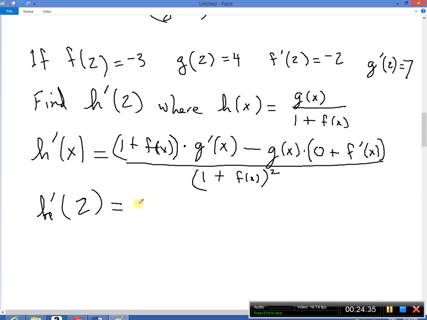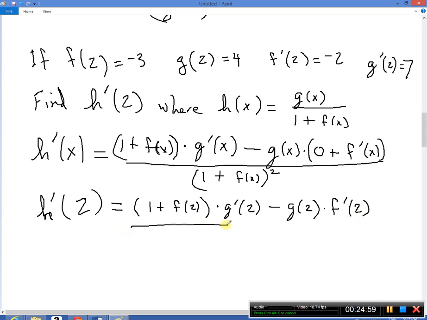So this is going to be 1 plus f of 2 times g prime of 2 minus g of 2 times, and I know 0 plus anything is 0, so I can drop the 0 and just write f prime of 2. And then that whole thing is divided by, replace x by 2, there's no x's there, 1 plus f of 2 quantity squared.